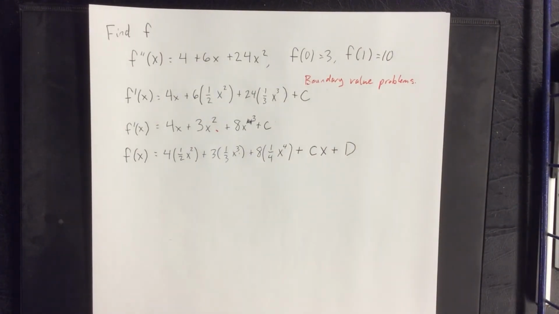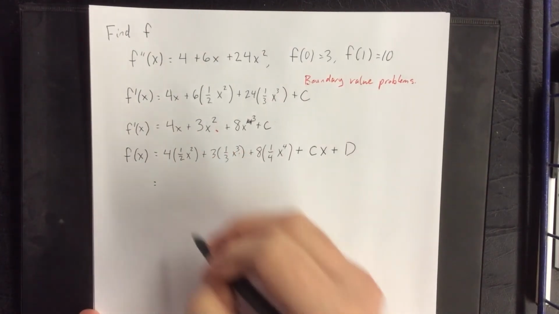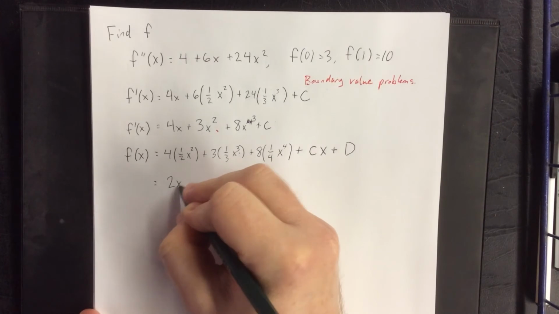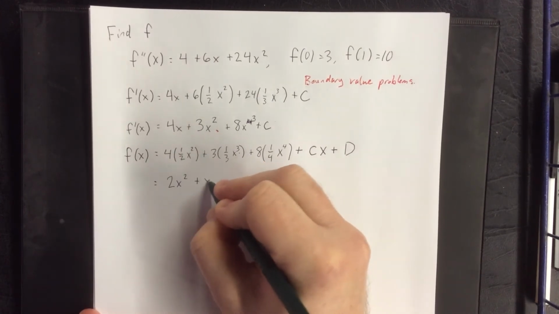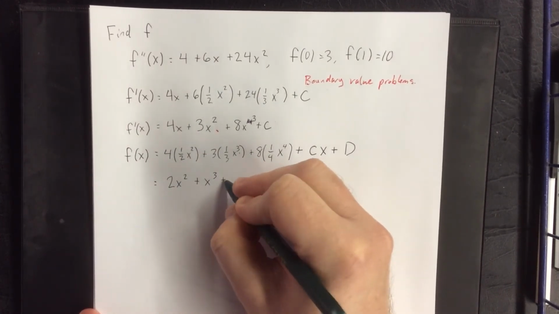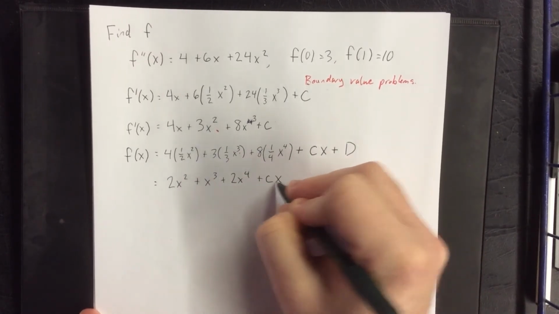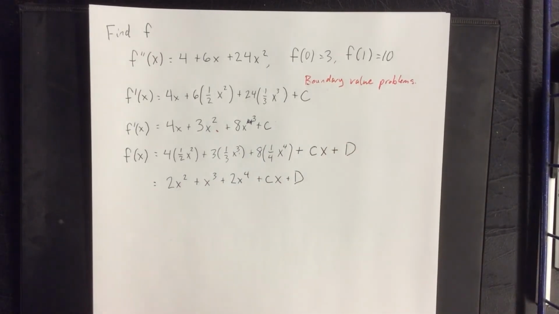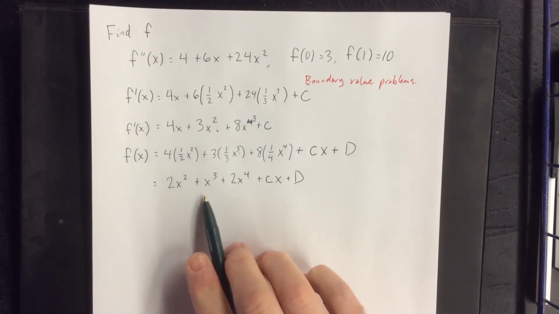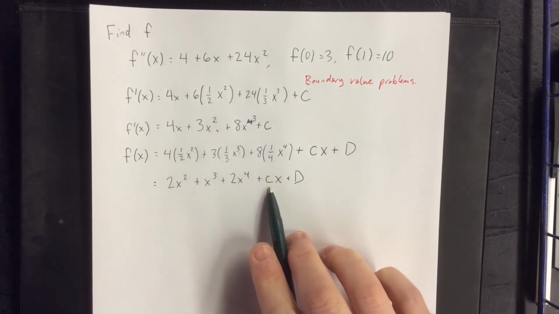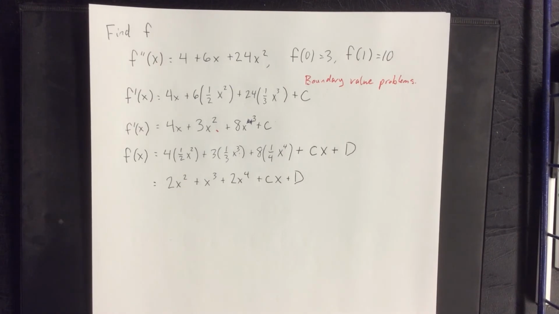So just like we did for the last example, the second constant, I'm going to give it a different name. Now at this point, we can simplify all of the other expressions that we have here to get the following function. So 2x squared plus x cubed plus 2x to the fourth plus cx plus d.